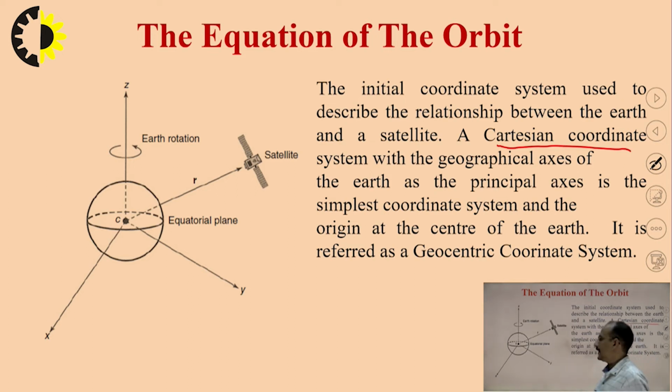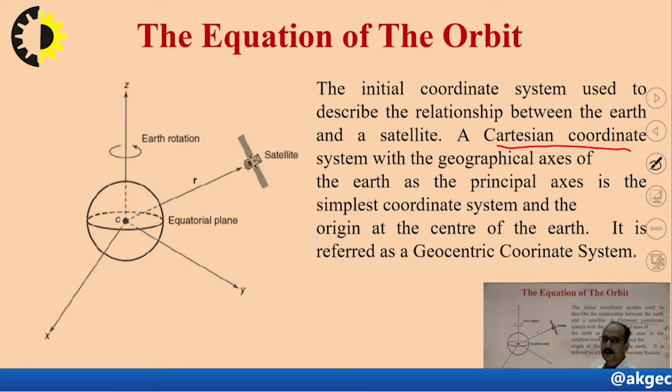In the Cartesian coordinate system, you always know that there are 3 axes x, y and z, and you are placing the earth at the origin, and the center of the earth and the origin coincide. So the satellite is placed here at distance r from the center of the earth.